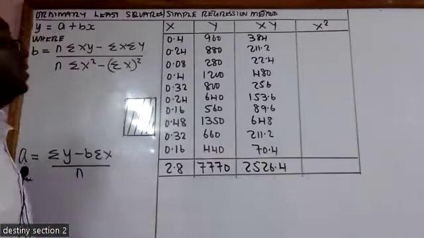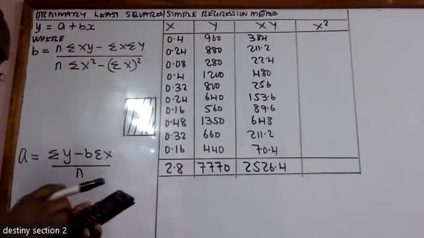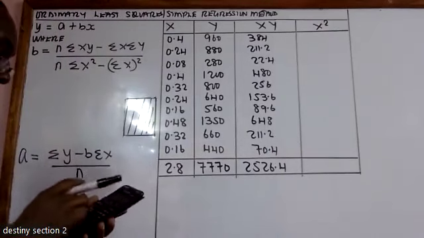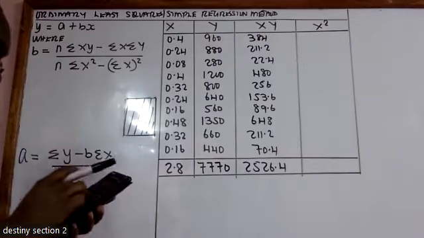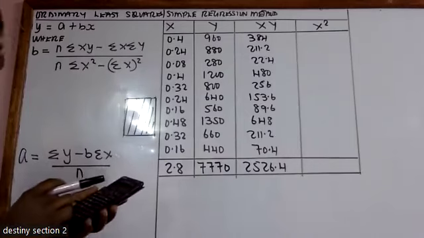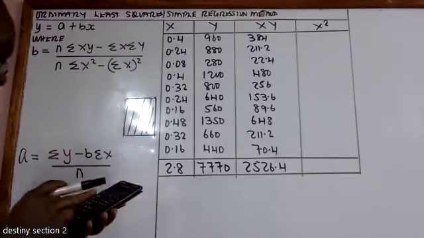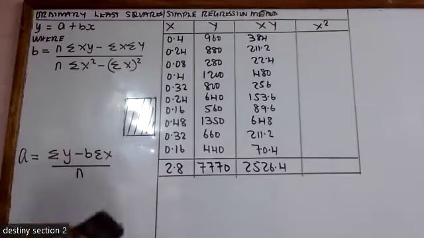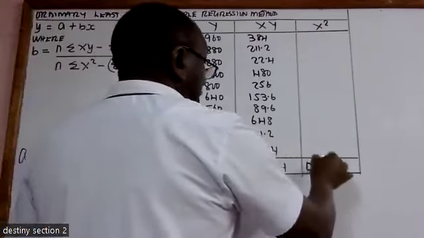Good. Give us now the answers for x squared. 0.4 squared plus 0.24 squared plus 0.08 squared plus 0.4 squared plus 0.32 squared plus 0.24 squared plus 0.16 squared plus 0.48 squared plus 0.32 squared plus 0.16 squared, 0.928.